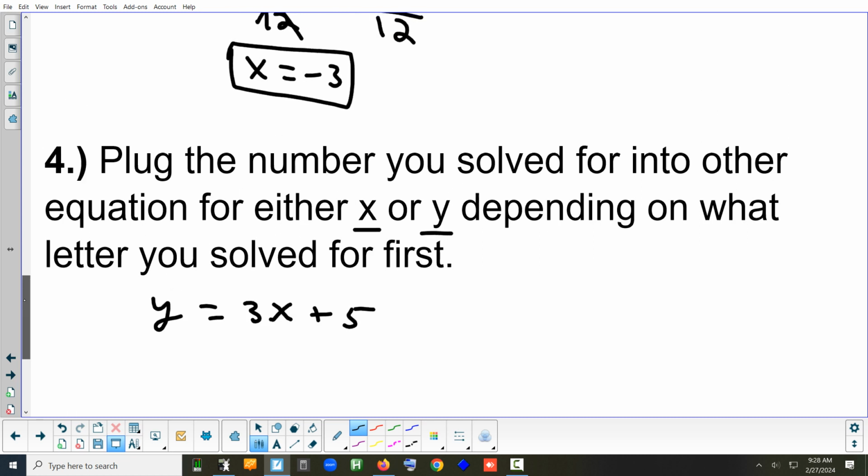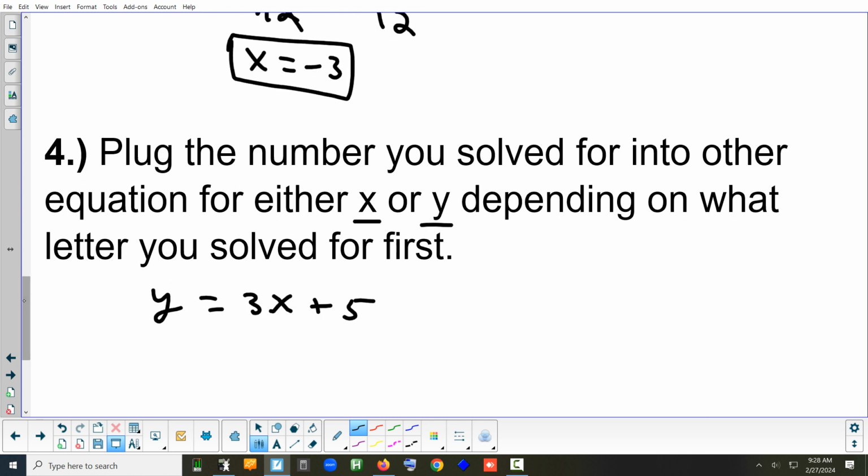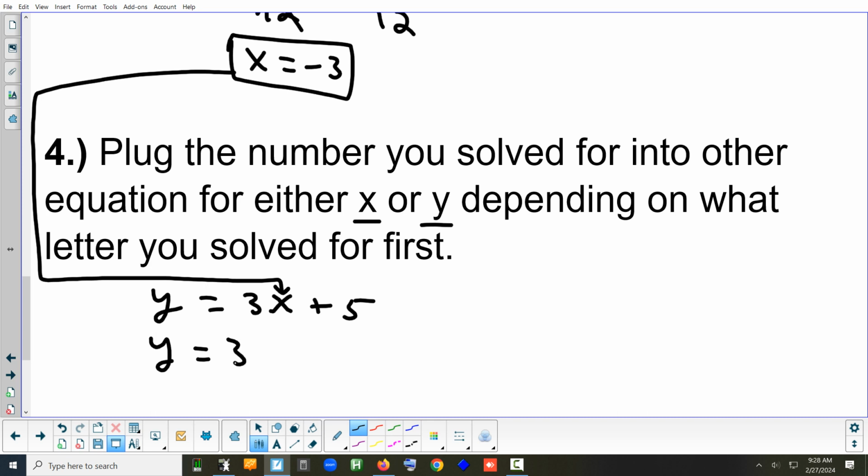What did we just figure out x is? -3. So now, this is step 4. Take that -3 and fill it in right there. Okay, let's fill it in. y equals 3 times, and what are we going to fill in for x? -3.